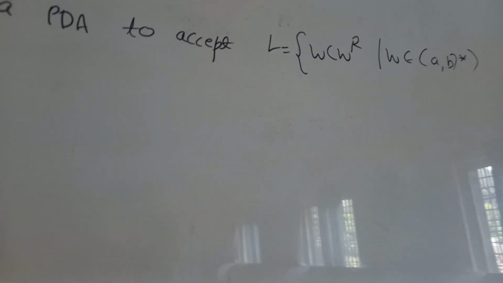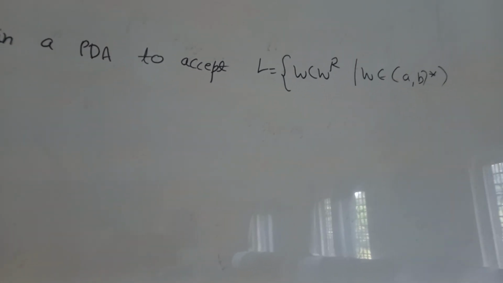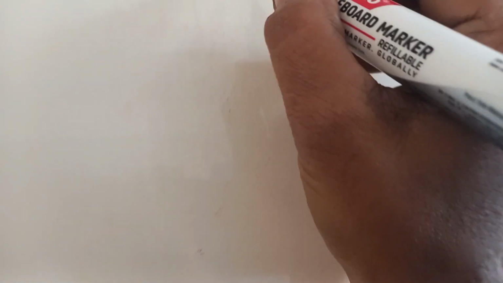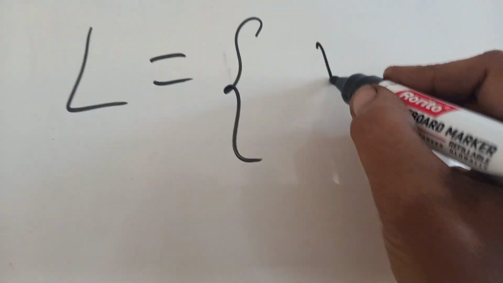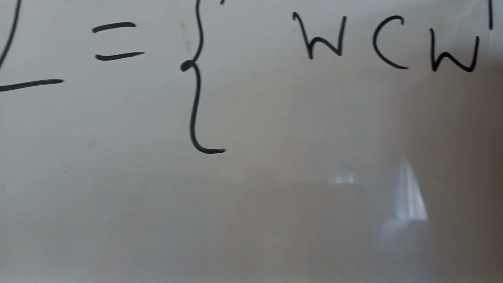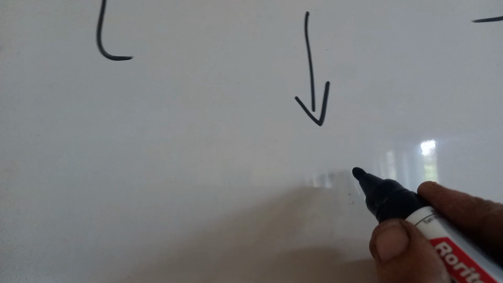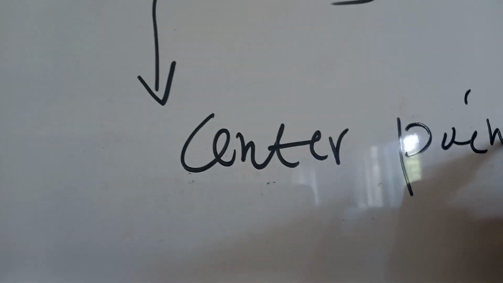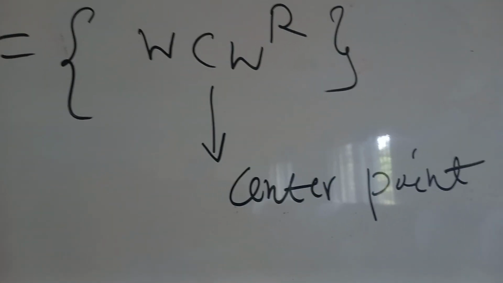So here the language is made up of strings with a and b, where the language is W C W to the power of R, where C is the center point.